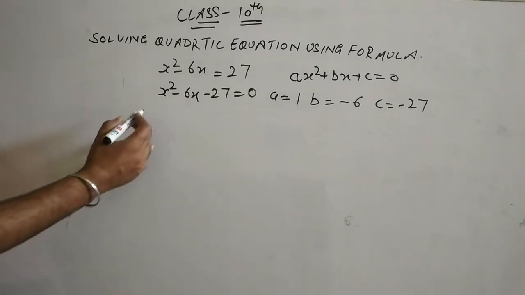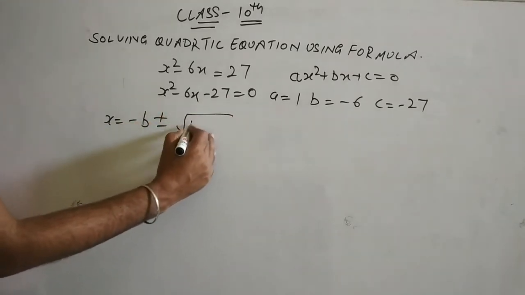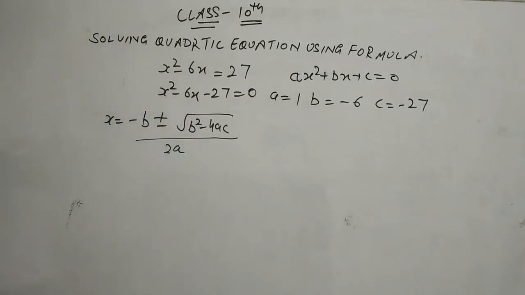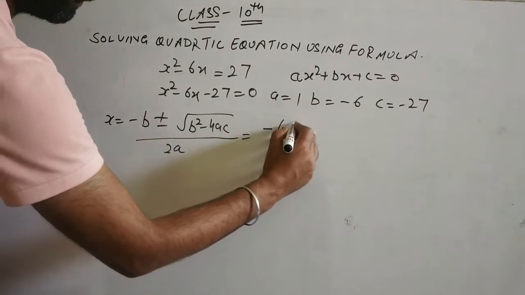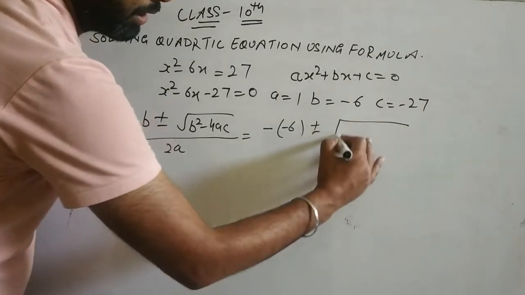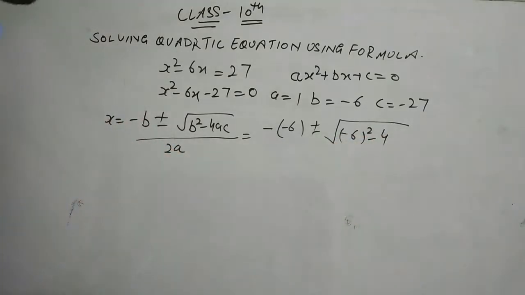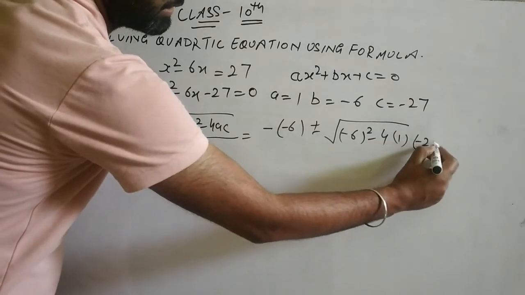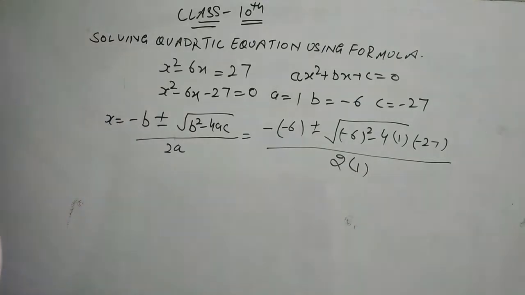Now put that in the formula, that is x is equal to minus b plus minus under root b square minus 4ac over 2a. Okay, so we got the formula, fill the values, that is minus into minus 6, then plus minus under root minus 6 square minus 4, the value of a is 1 and the value of c is minus 27, over the whole denominator 2a, and the value of a is 1.